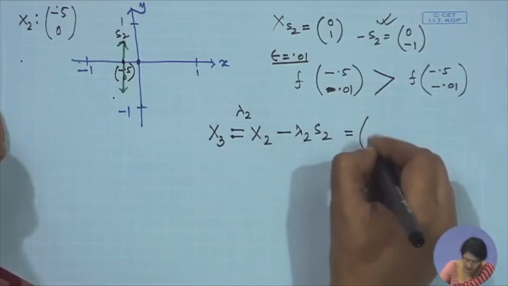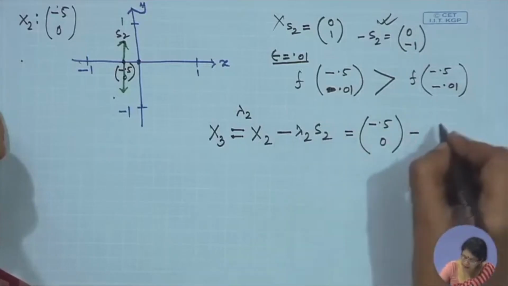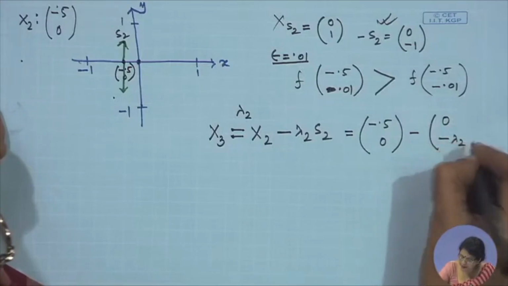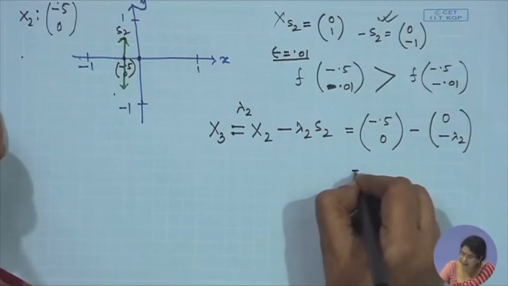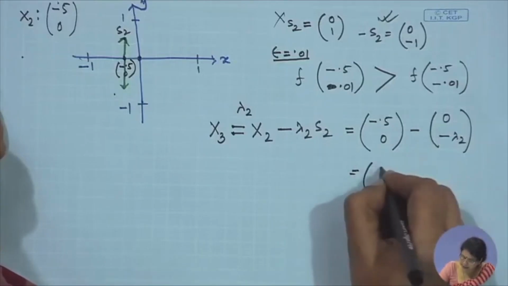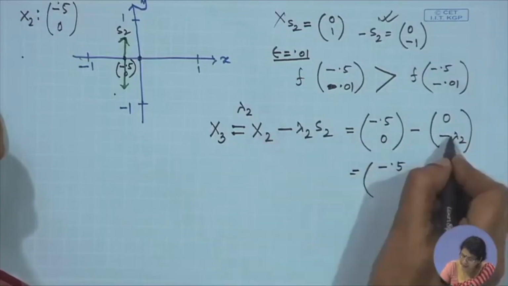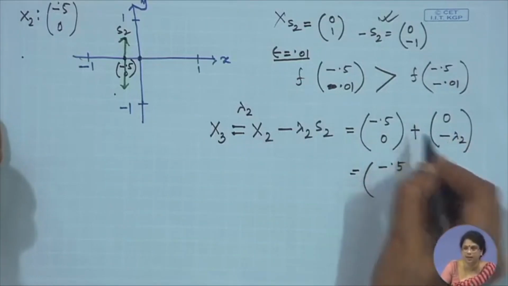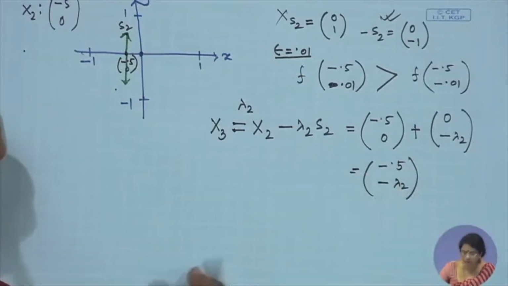Now, what is the point coming? If I consider this as minus 0.50, and the direction is 0, minus 1, that is why 0 minus lambda 2. Oh, I cannot take both as minus; if I consider minus here, I should take plus here, so minus lambda 2.